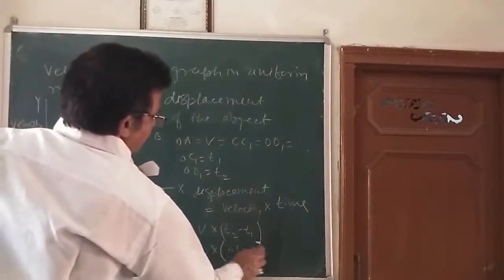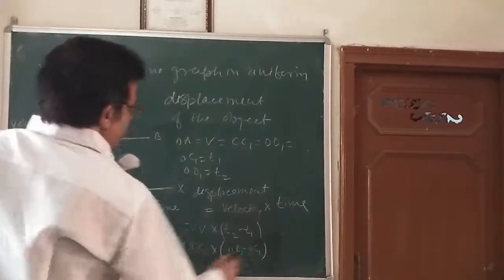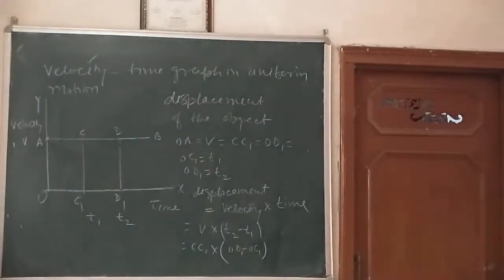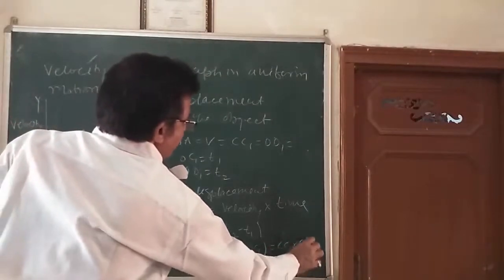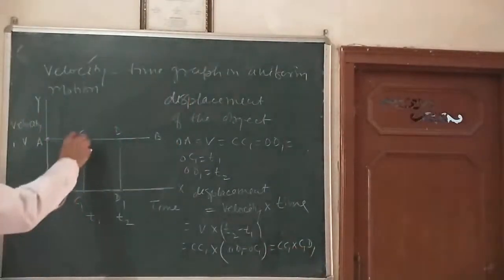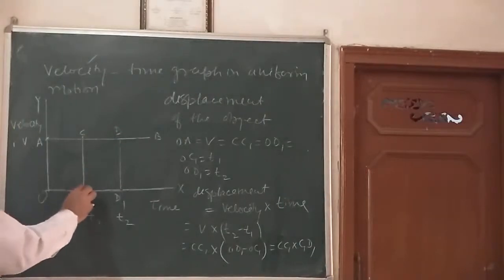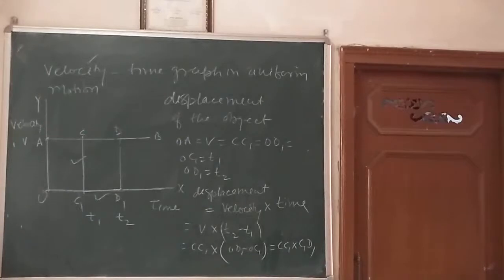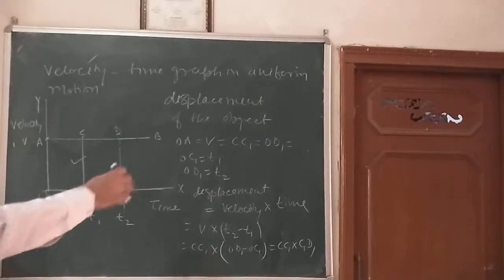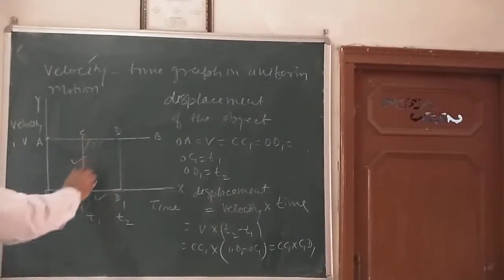So CC1 into C1D1. What is that? CC1 into C1D1, length into breadth. What is that? Area of this rectangle.